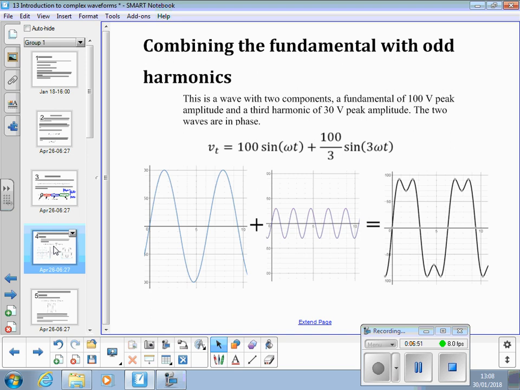So in one period of the fundamental, which is pi, we're actually getting 1, 2, 3 full waveforms of the third harmonic. Adding those two together, which is what we're doing here, we end up with a waveform that looks like that. Here you can kind of see the fundamental in that, and then this one sitting on top of it and on the bottom of it.